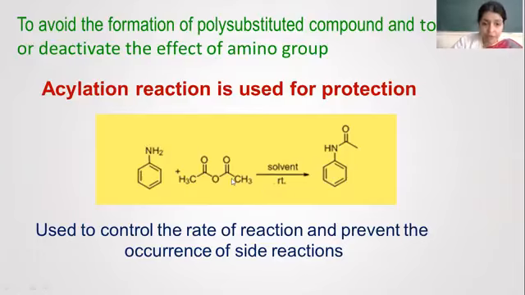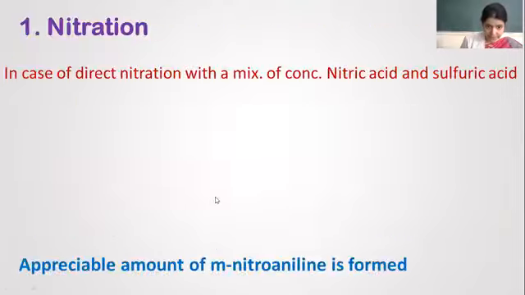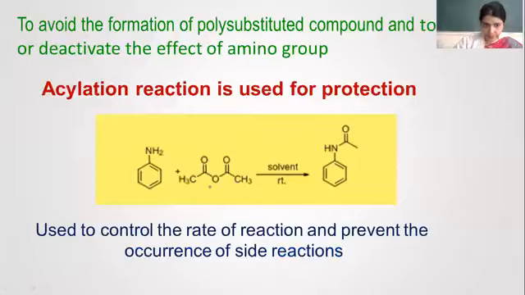This acetylation is possible by reacting with acid chloride or acid anhydride. When amines react with acid chloride or acid anhydride, here I am taking acid anhydride. This molecule is acid anhydride. So it is converted into acetanilide.